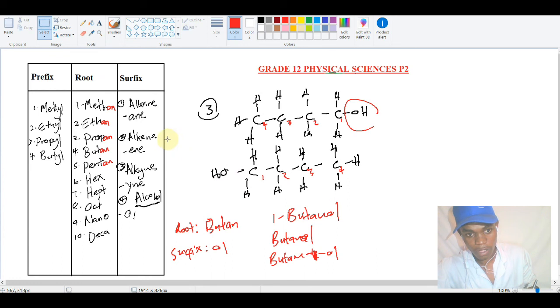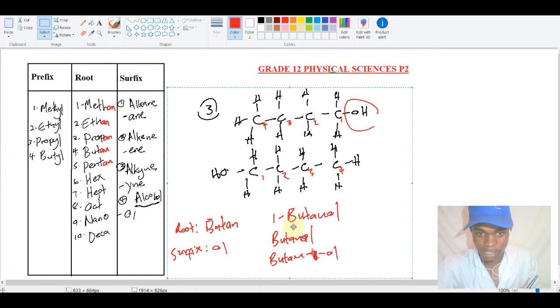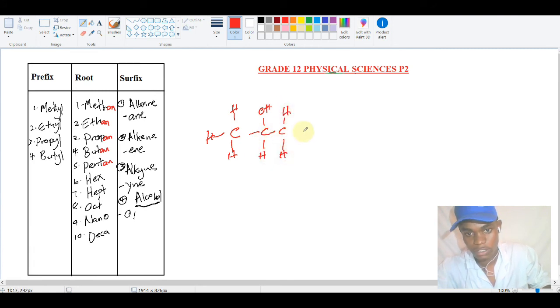So let's try another one. Let me remove everything here, and this will be our last example of an alcohol. Let's say I've got CH, C, OH, then you've got H, C, H, H, C, H, H, H. Then you identify the longest chain.